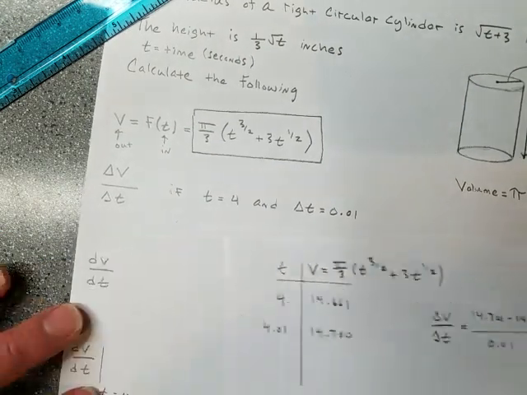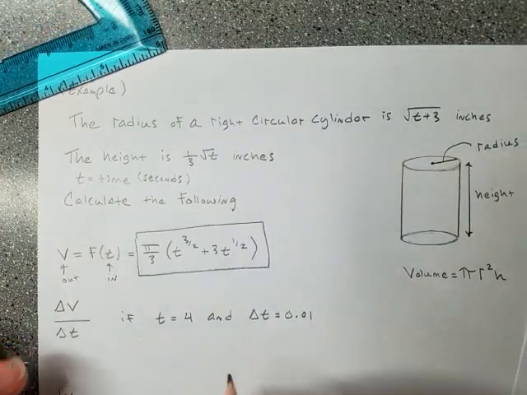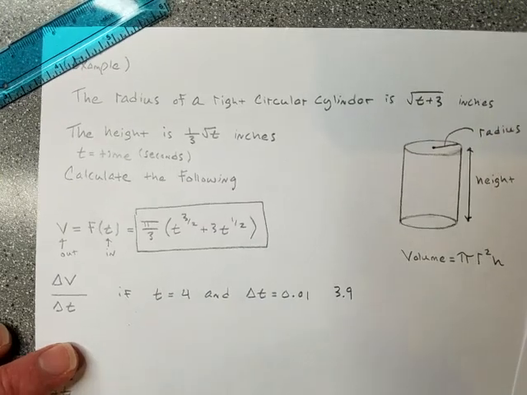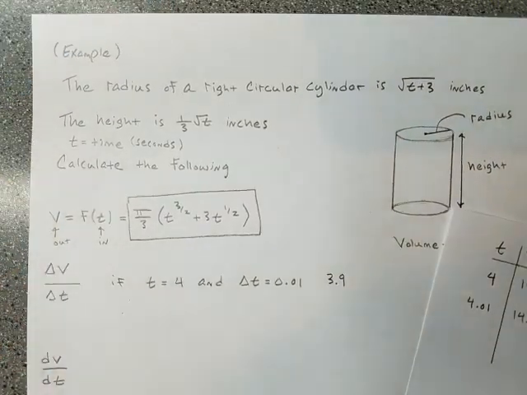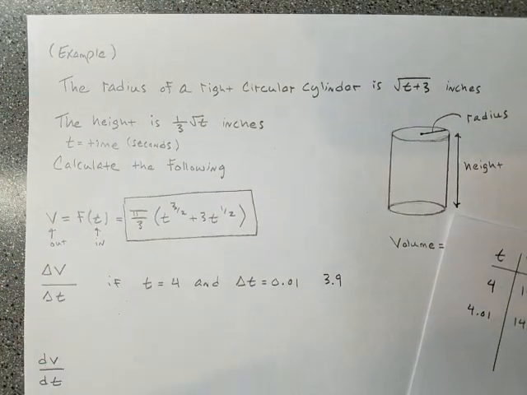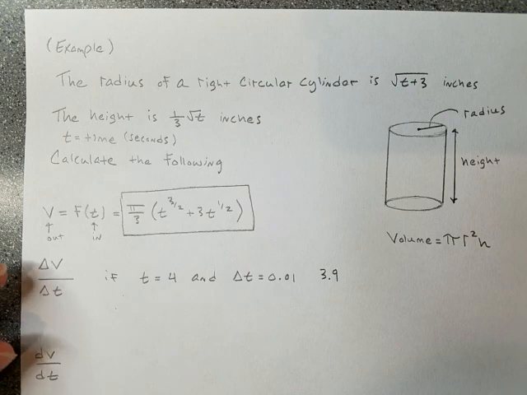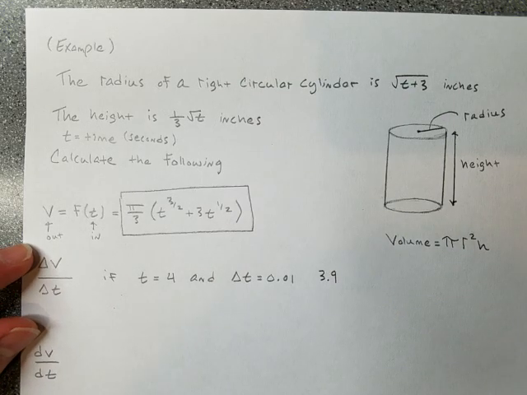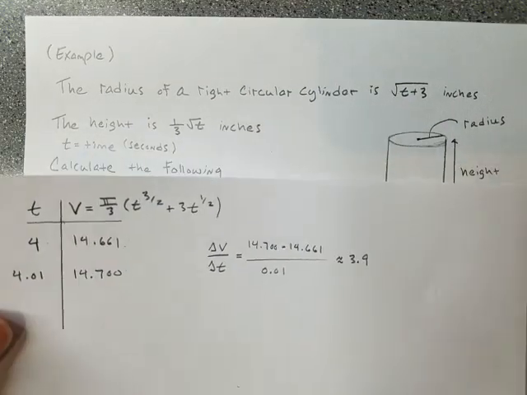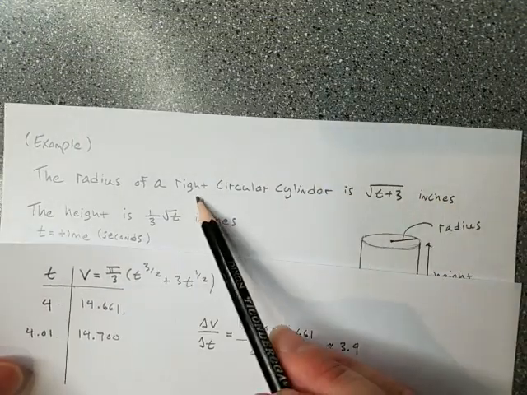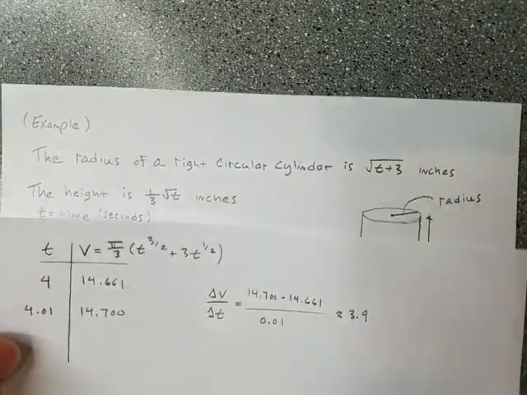All right. So my answer for this is 3.9. Now, this has units, though. And we'll start paying attention to units when we do problems that deal with measurements and laws of nature and so on, and it can be done in a science class. Then we'll always keep track of our units. The units in this number, well, think about it. How do you measure volume? My radius and my height were given in inches.